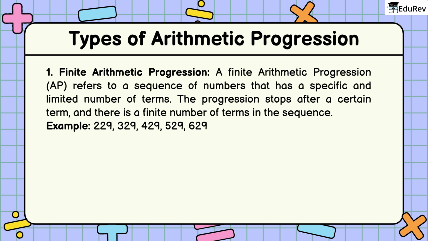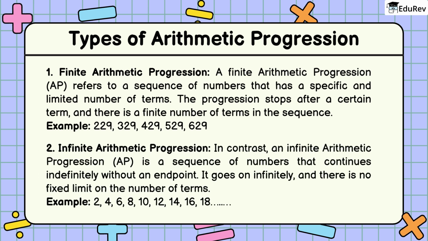On the other hand, we have the infinite arithmetic progression. An infinite arithmetic progression is a sequence of numbers that continues indefinitely without an endpoint. For example, 2, 4, 6, 8, 10, 12, 14, 16, 18 and so on.